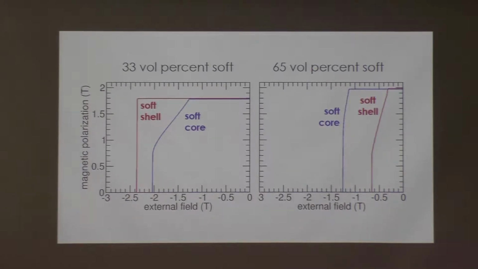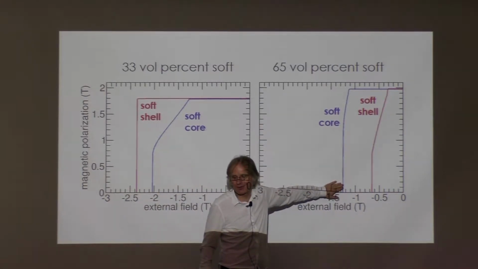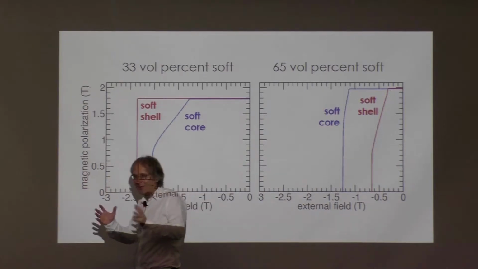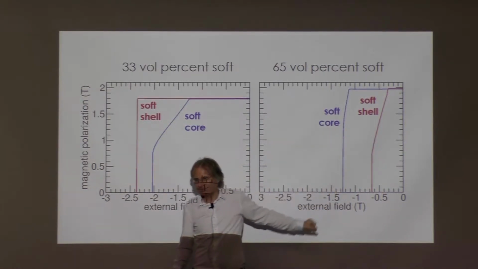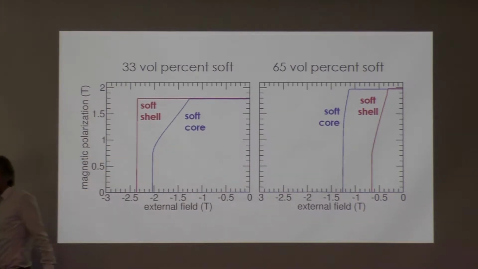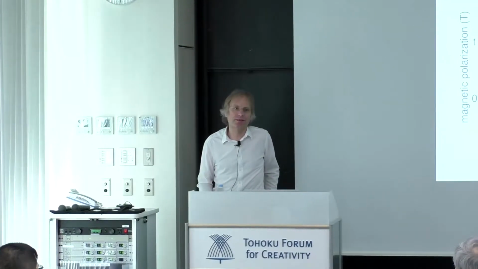But if you want to increase the volume fraction of the soft magnetic phase, which normally is good in order to increase the remanence, then you see that magnets that have the soft magnetic phase in the center, in the core, give the better properties. So the microstructure depends a little bit on how much soft magnetic phase you want to include in the magnet.